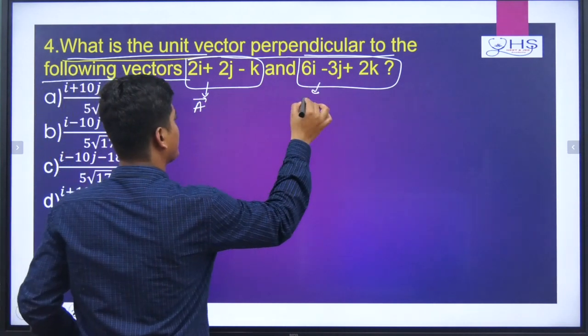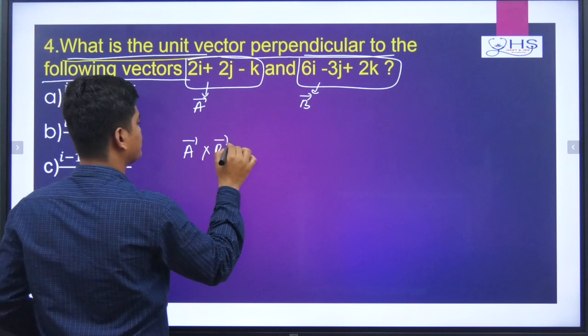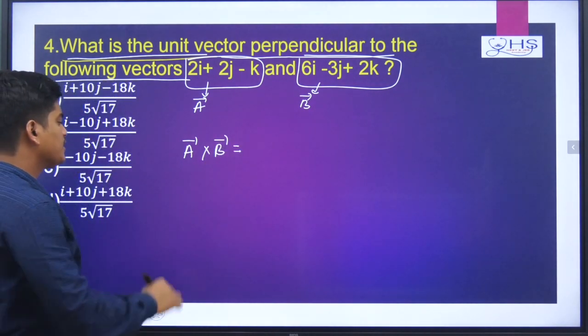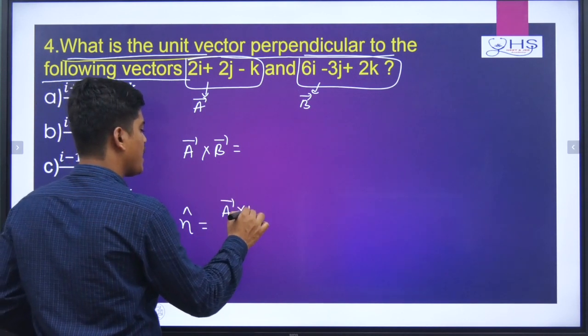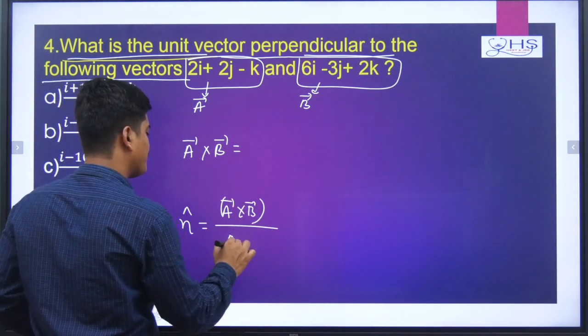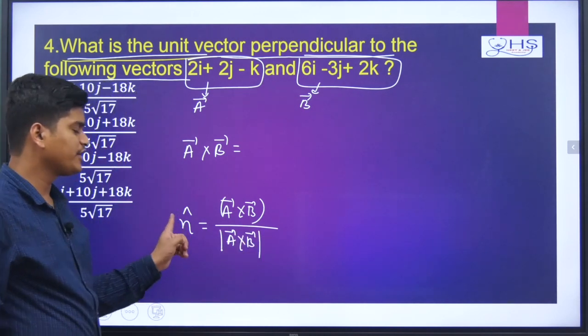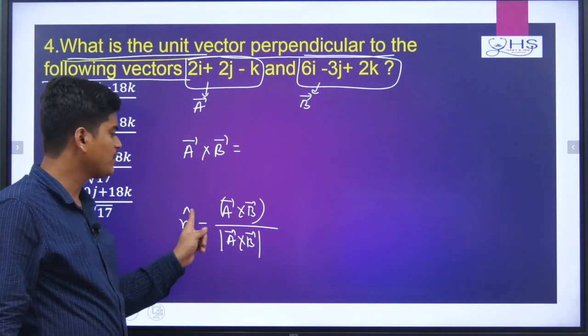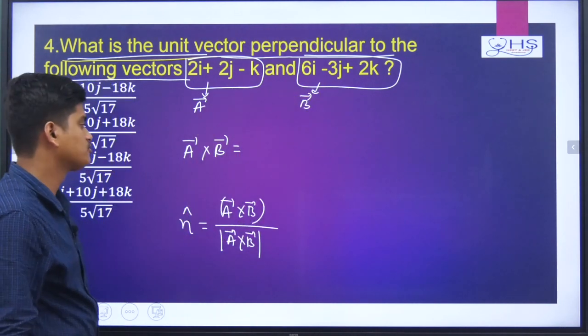So consider this is the a vector, this is the b vector. Now you find their cross product. Then n cap is nothing but a cross b divided by the magnitude of a cross b. So n cap is the unit vector perpendicular to both a vector and b vector.